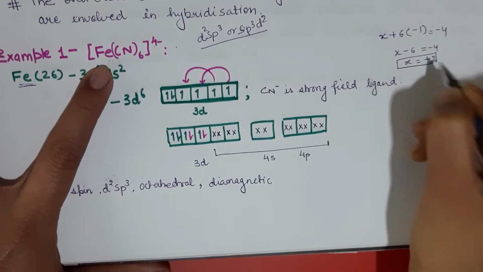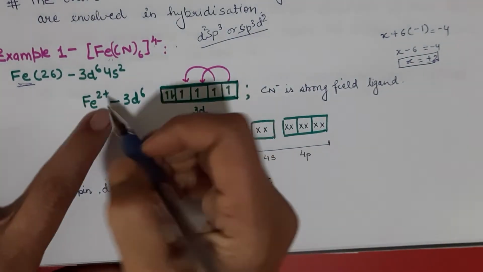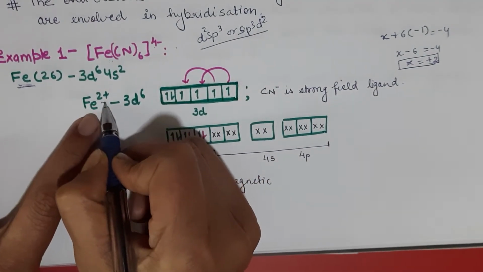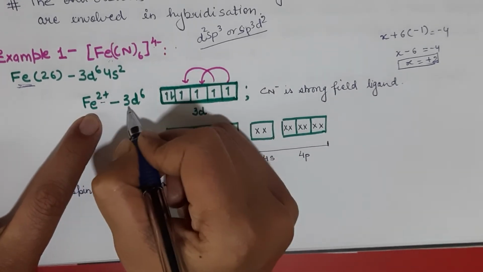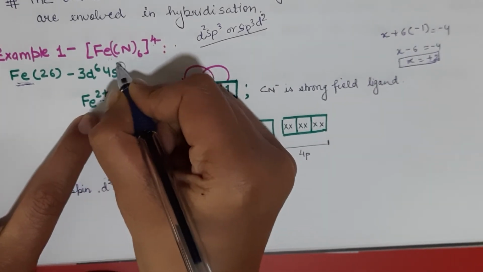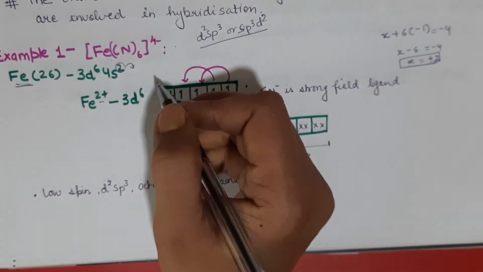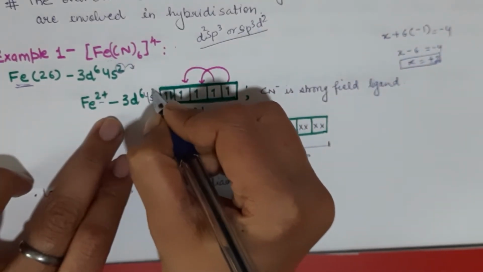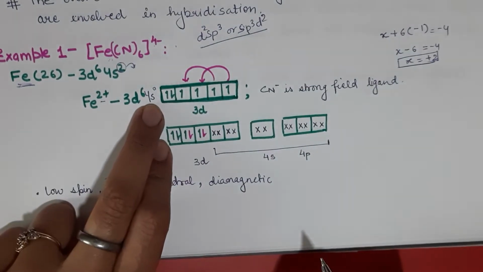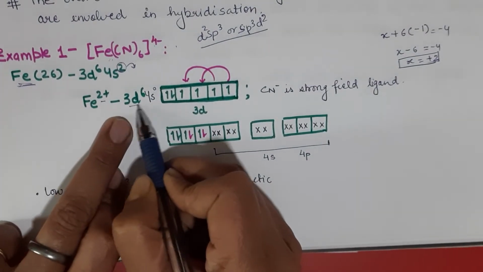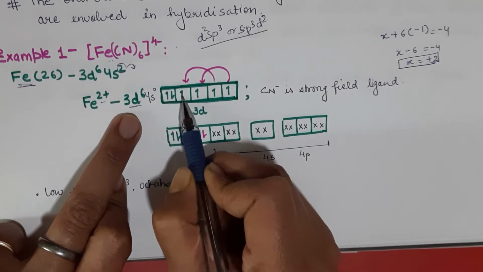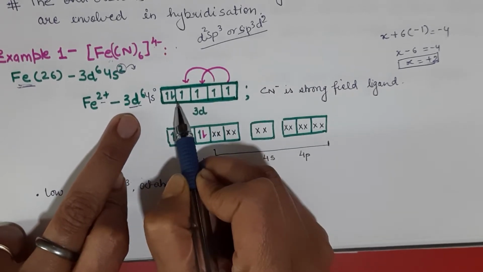So iron is in the +2 oxidation state. That means 2 electrons are released, leaving 4s0. Now 3d has 6 electrons: 1, 2, 3, 4, 5 and 6.